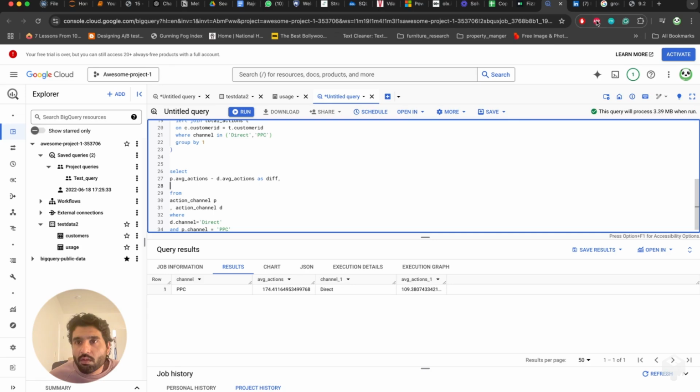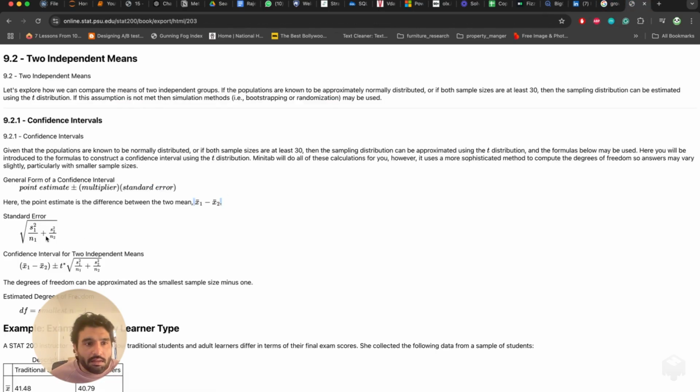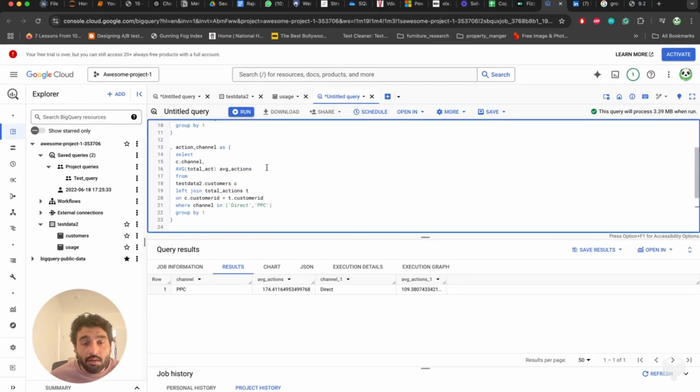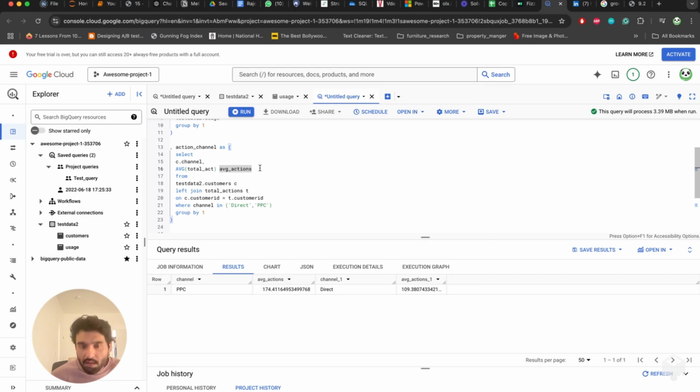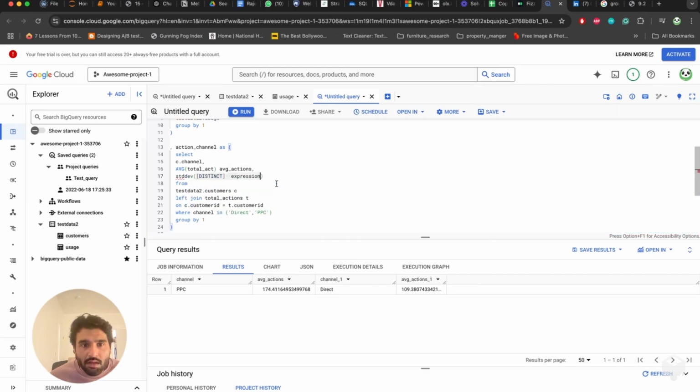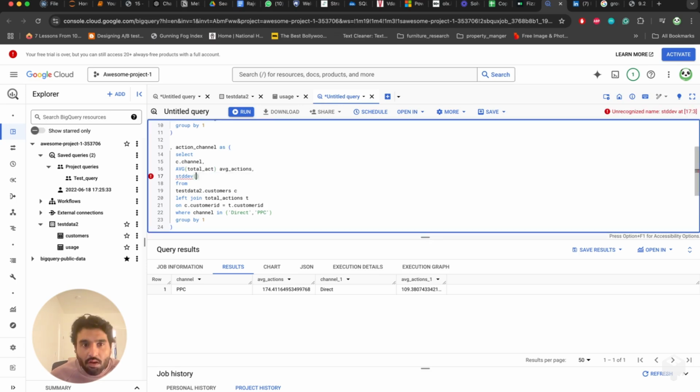The next one, what we want is the square of the standard error and the count for each group. So standard deviation. Over here, we need to add that metric. There is a standard deviation function, and you can call that directly on total action.